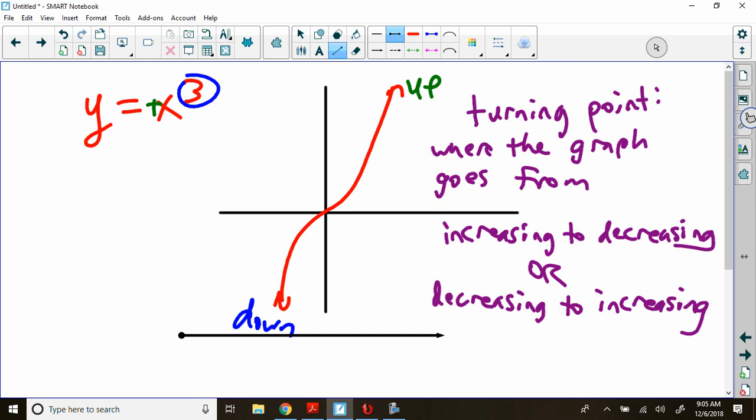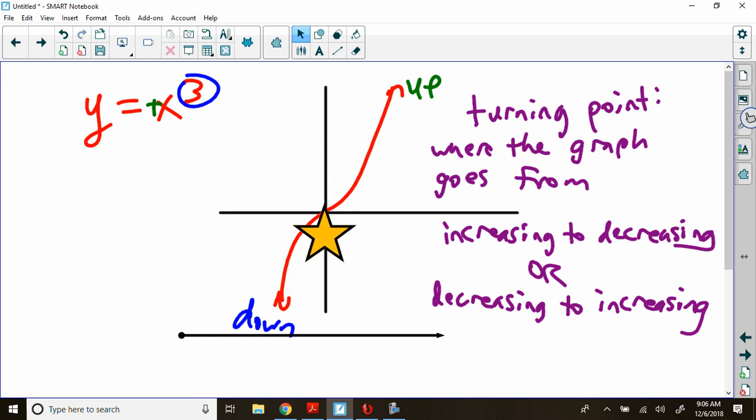So I need something to keep track of this. I'll use a star dancing in the night with a tail as big as a kite. So this star traveling along this graph from left to right, does it ever go from increasing to decreasing? It does not.